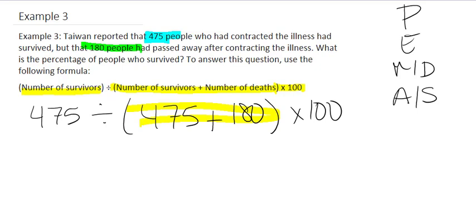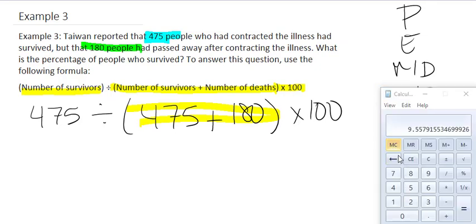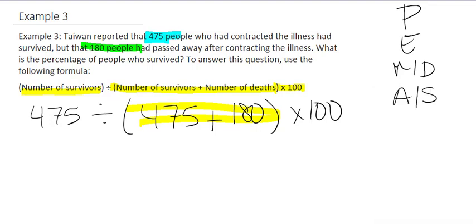So 475 plus 180, or let's just bring up the calculator here just because it's going to get more complicated soon. So 475 plus 180 is equal to 655. So let's go ahead and write that down.